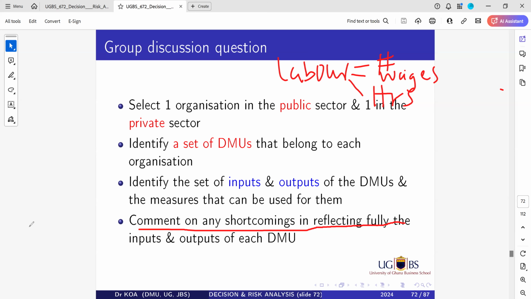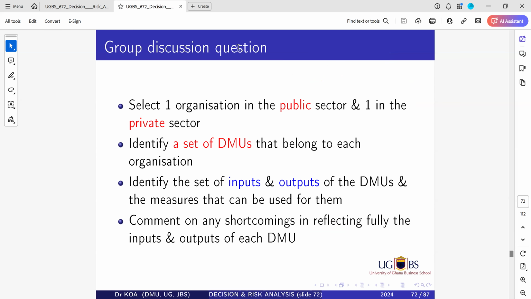However, that doesn't give a quality dimension, but wages gives a quality dimension to it. So wages is good, even though hours of labor can also be used. That sort of thing. You're an analyst, you comment. So that's what I wanted to do. If that is fine, we can now proceed with the real work for today.